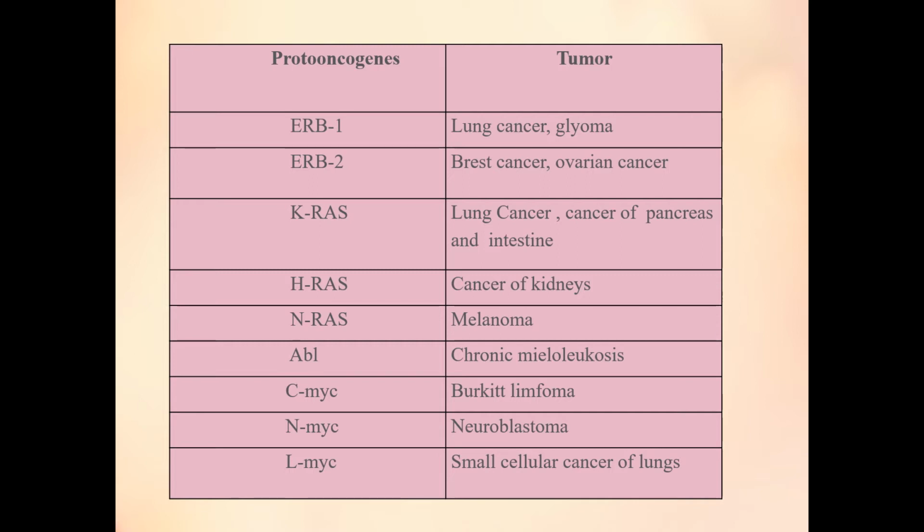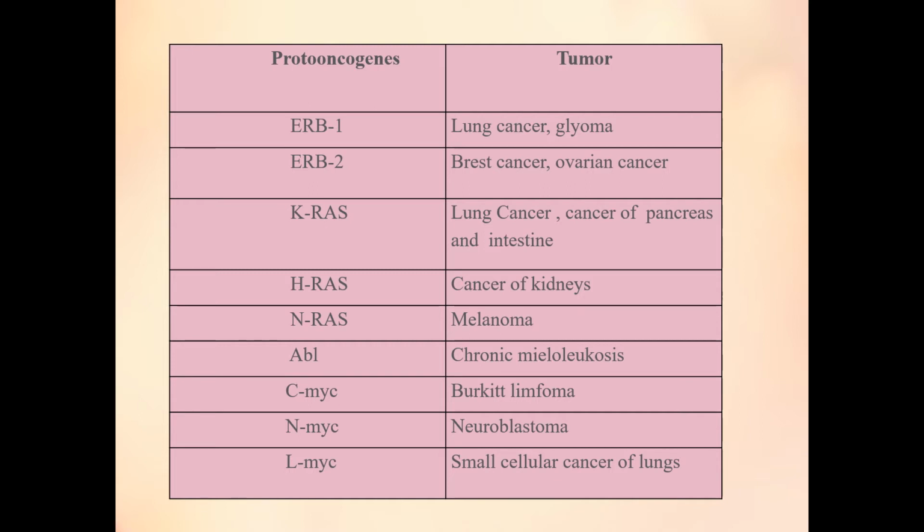You see here the c-MYC proto-oncogene, which is linked with Burkitt lymphoma, and a large number of proto-oncogenes are known, and all of them are dominant genes. Proto-oncogenes are involved in the synthesis of a number of substances: growth factors, transcription factors, their receptors, cytoplasmic protein kinases, and they participate in the cell cycle.